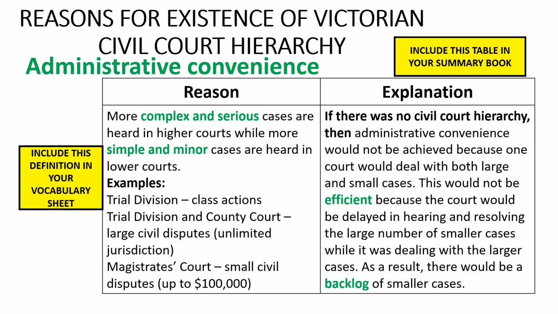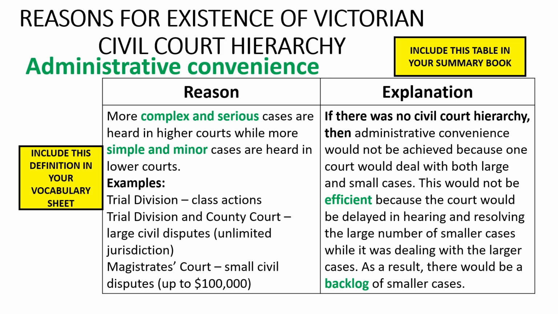This is administratively convenient because if both large cases and small cases were dealt with by the same court, then the large cases would hold up the resolution of the small cases and so create a backlog in these small cases.